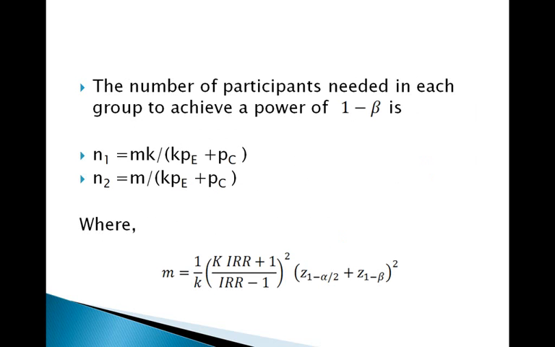We then look at the number of participants needed in each group to achieve a power of 1 minus beta, n sub 1 and n sub 2 separately: m times k divided by k p sub e plus p sub c, where m is 1 over k, times k times the incident rate ratio plus 1 divided by incident rate ratio minus 1 squared, times the z critical for 1 minus alpha over 2 plus the z for 1 minus beta, all squared.